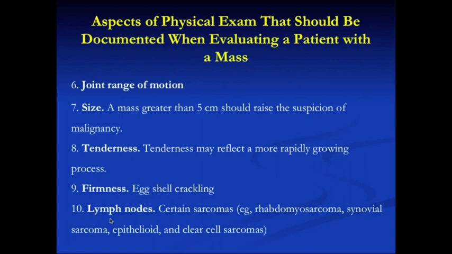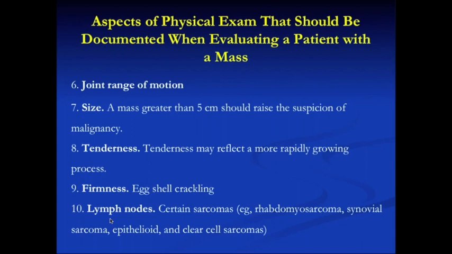Although lymph nodes are not very important in sarcomas, as a drill, always examine them. Certain sarcomas like rhabdomyosarcoma and those enumerated here will have lymph node involvement at times. This is very important because it is so easy to take a biopsy from a lymph node as compared to the bone involved.